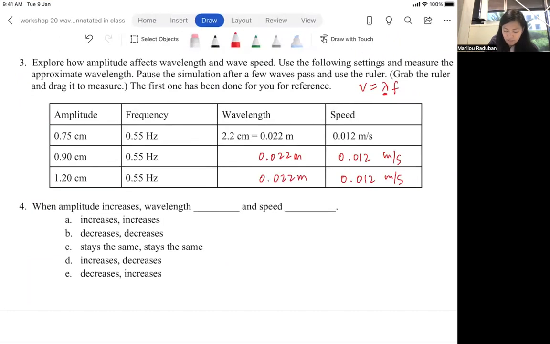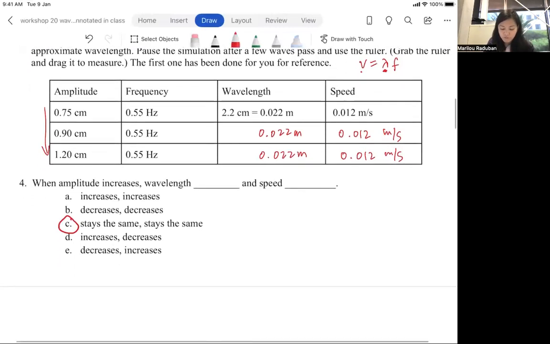But that means that even if the amplitude increases, you should still see that the wavelength stays the same. And since the wavelength stays the same, the speed of the wave should still be the same. Speed is only related to the wavelength and not the amplitude of the wave.